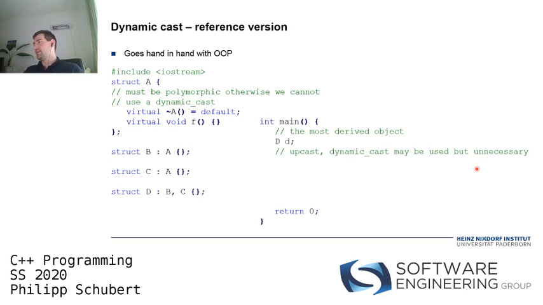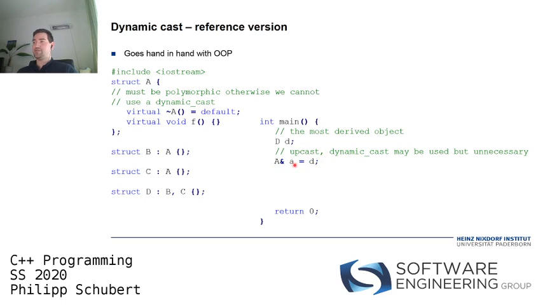A dynamic cast may be used, but it's not necessary. Because D is the most derived type, we can create another reference variable a of type A ref, and assign d to it.